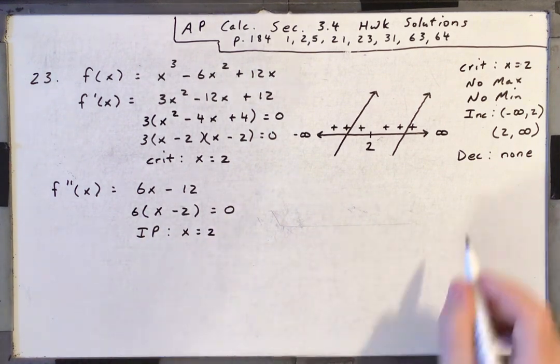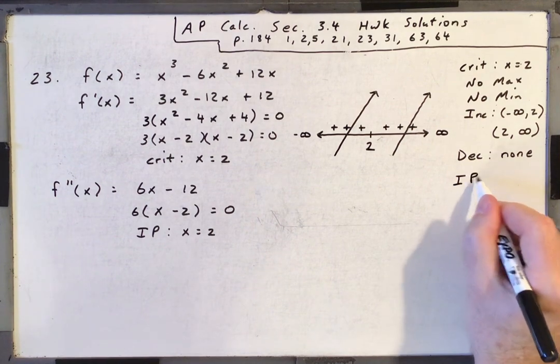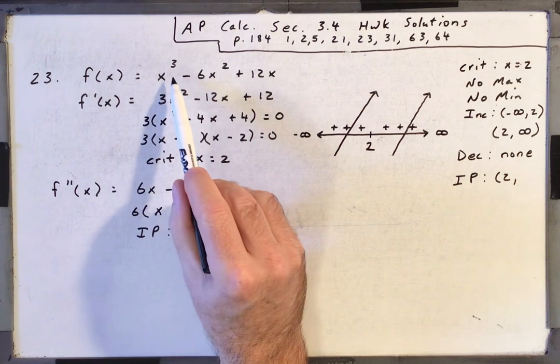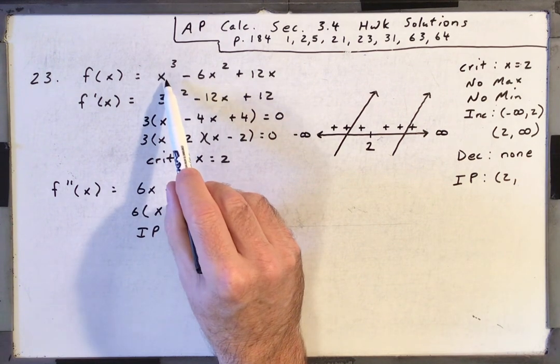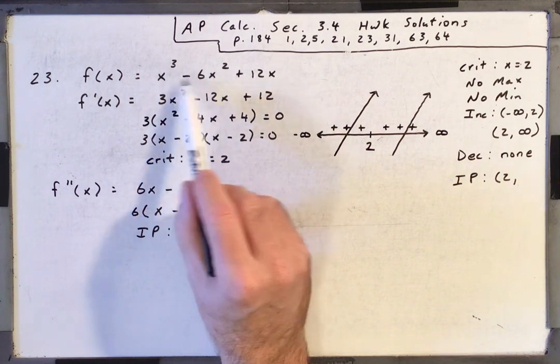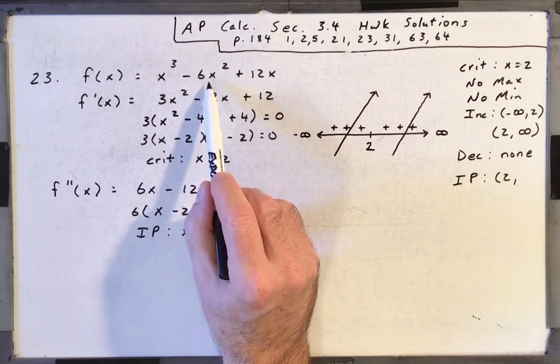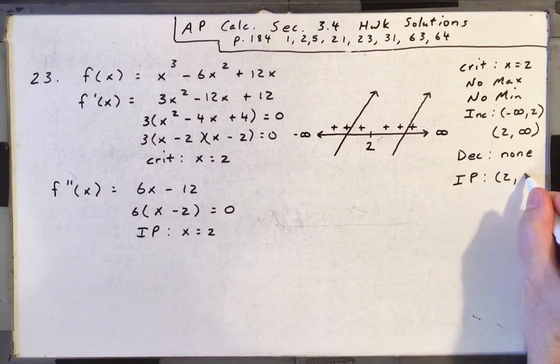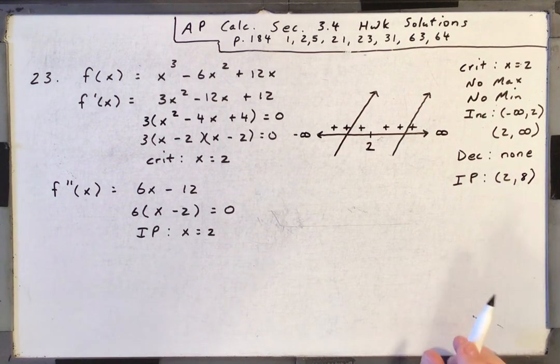So we also have an inflection point at 2, and then I've got to plug 2 into the original. So 2 cubed is 8, minus 6 times 4, 8 minus 24, that'd be negative 16, plus 24, that'd be positive 8. So we have an inflection point at 2, 8.